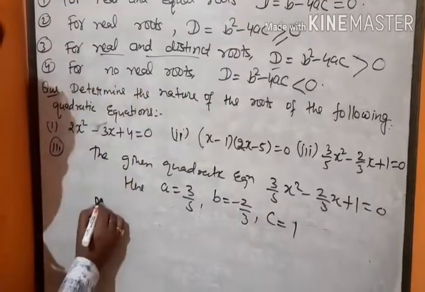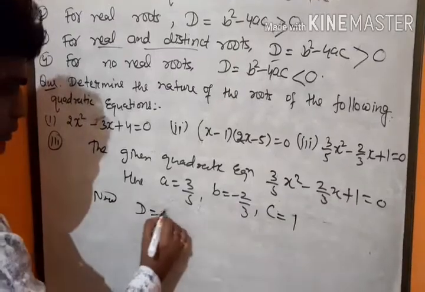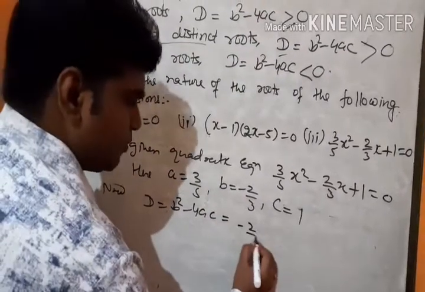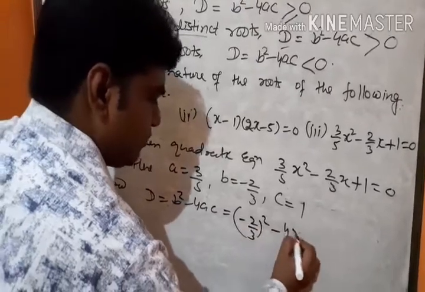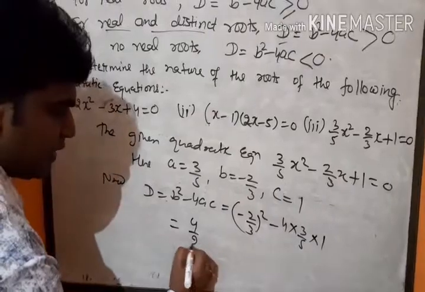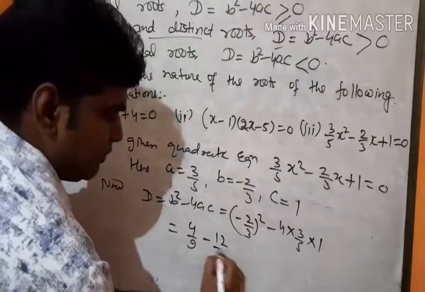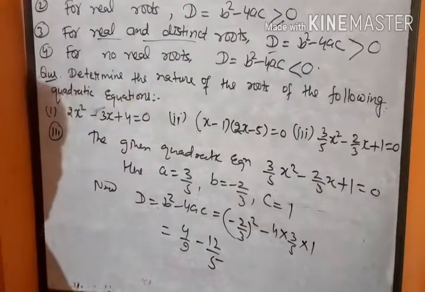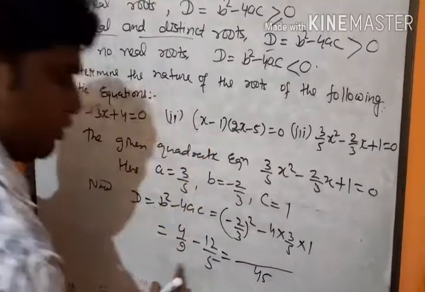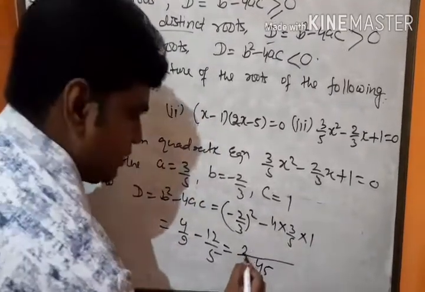Now D = b² − 4ac = (−2/3)² − 4 into 3/5 into 1. It gives 4/9 minus 12/5. Now taking the LCM of 9 and 5, we have 45.